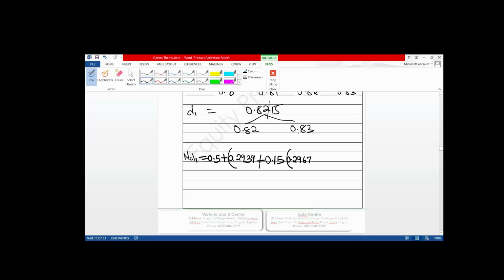That is the figure for 0.8 raised to 3, which we call the upper band. Once you have gotten the figure, minus the figure you got in 0.82, 0.2939. This will give you your ND1 figure.